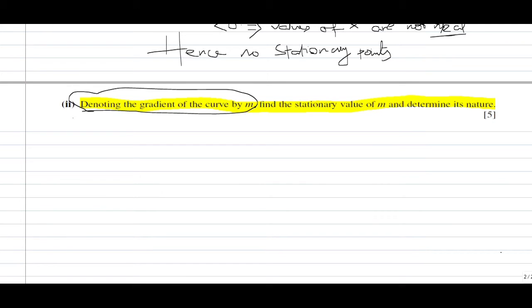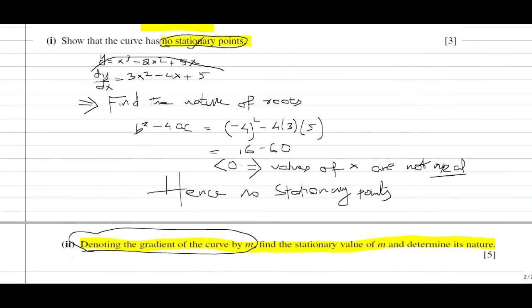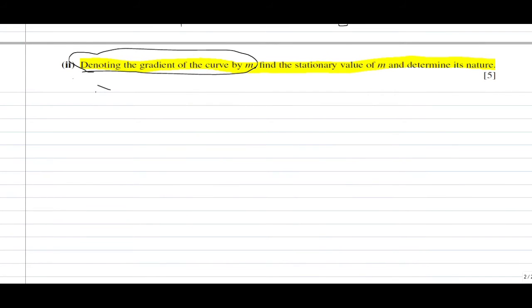The gradient is the same as dy by dx, so m is equal to dy by dx, which, as per the previous question, is 3x squared minus 4x plus 5.